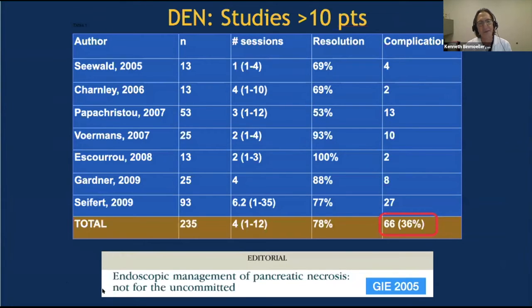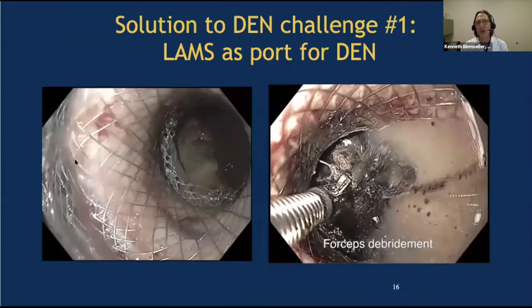Read it, please, if you want to read a really good editorial that sums up the challenges that we face treating WON, titled Endoscopic Management of Pancreatic Necrosis, Not for the Uncommitted, or as Dick also used to say, not for the faint-hearted. These were always very difficult procedures.